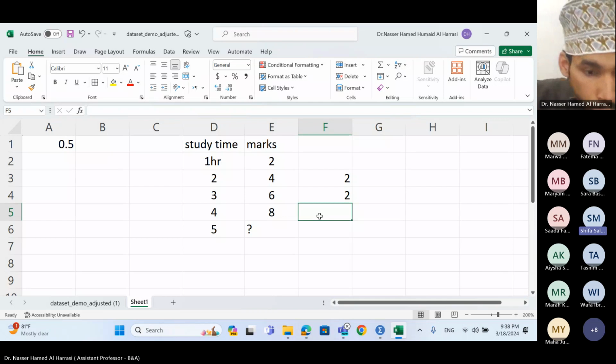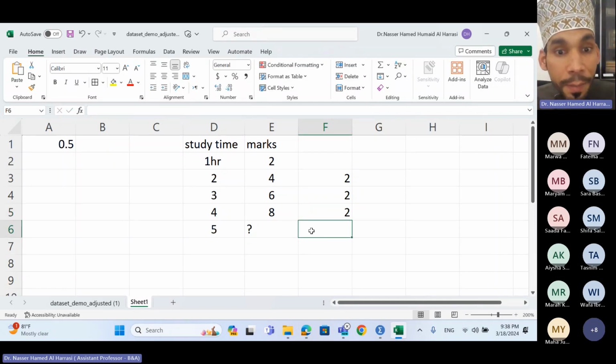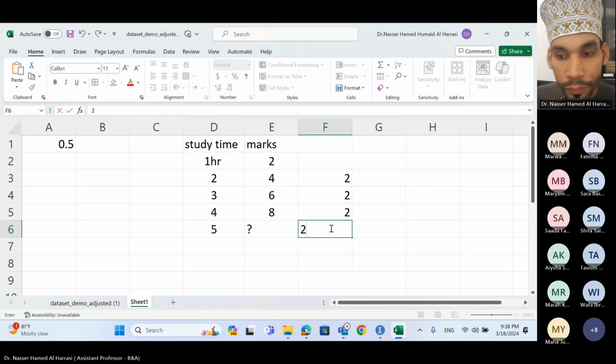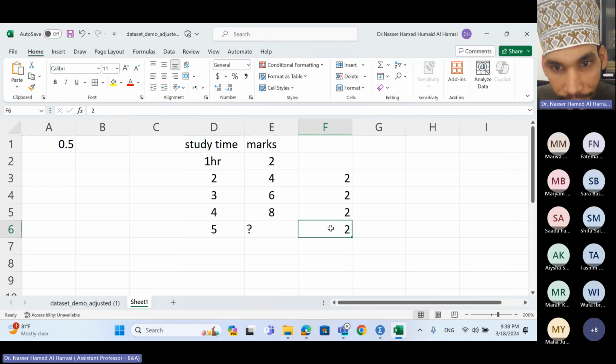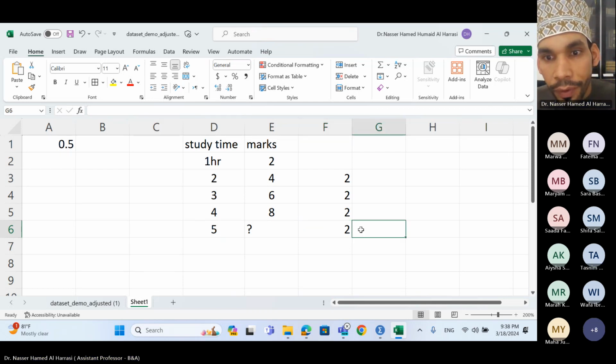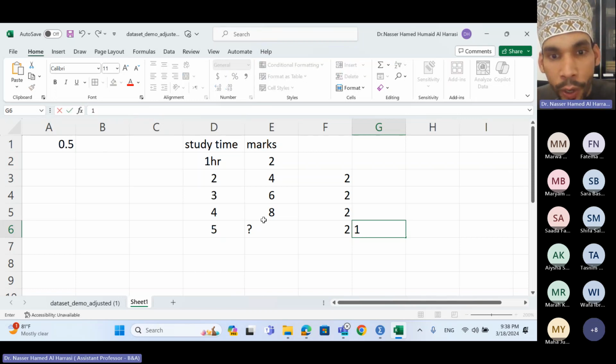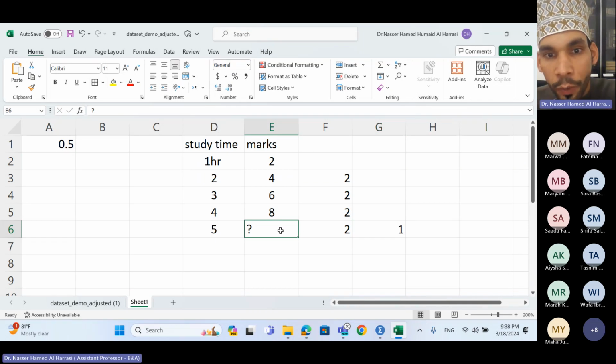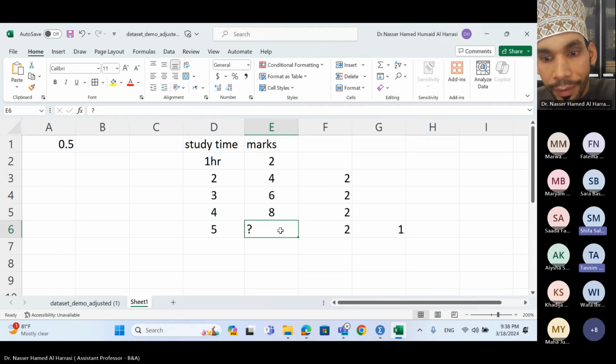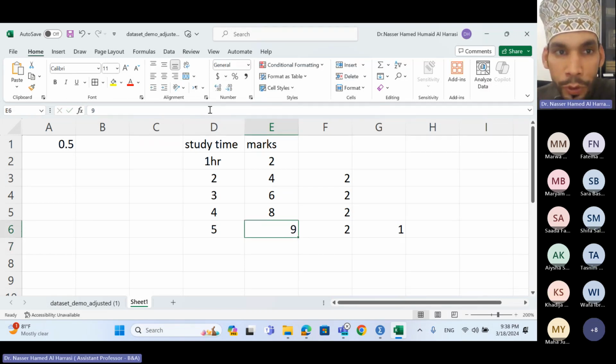Also 2. Then for 5 hours, but I told you to consider the effect size, here it must be increased by 2. Am I right? Yes. So what is 50% of 2? 1. So 8 plus 1 equals 9. You got it?